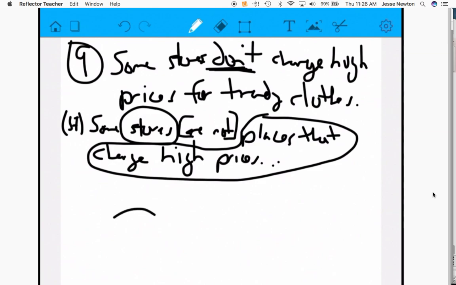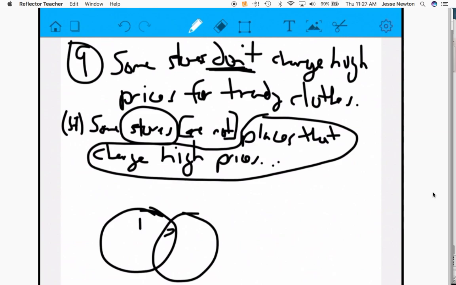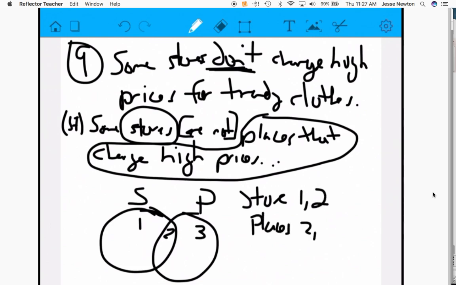So now we're going to Venn diagram this, and here we go. We get our circle, our regions, 1, 2, 3, and I'm going to use S for stores, and P for places that charge high prices. And the way that we show this is, since it's are not, stores is equal to regions 1 and 2, places that charge high prices is 2 and 3.